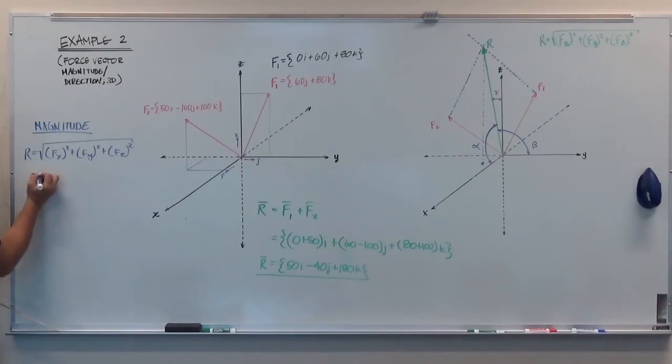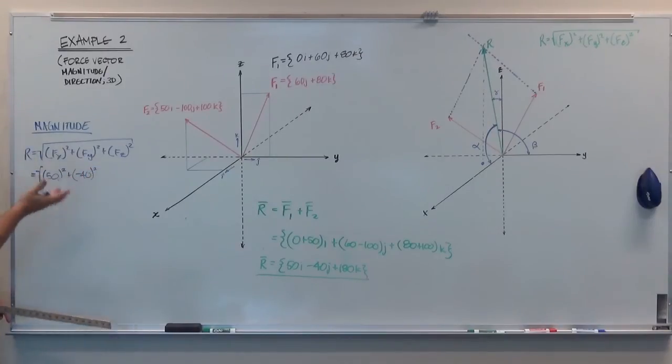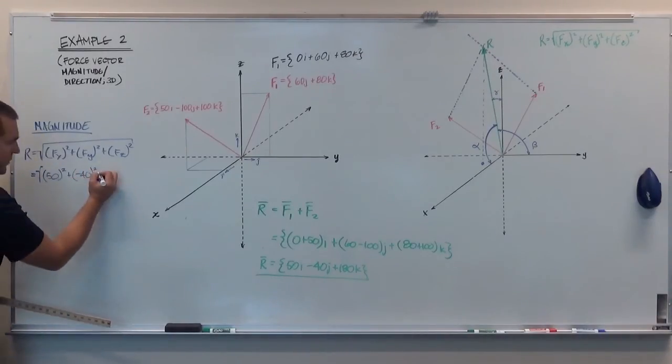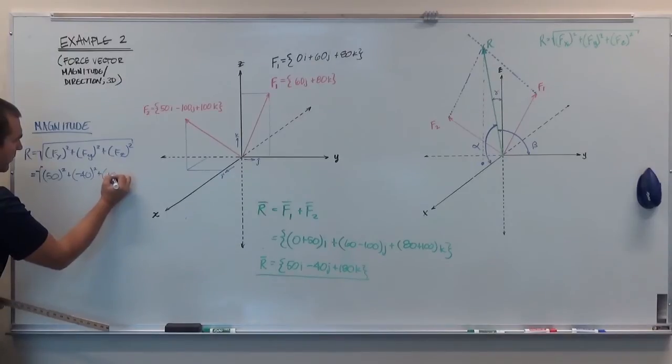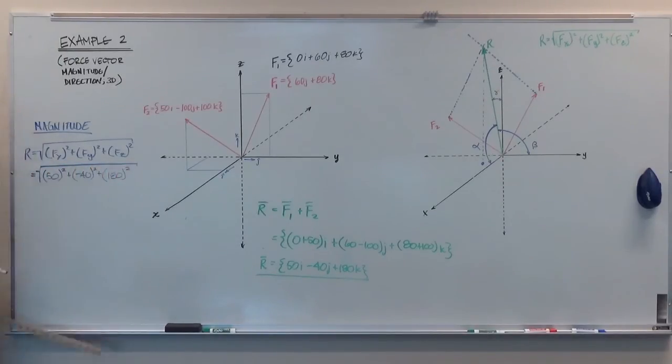So I can just plug in those values, and we have 50 squared plus negative 40 squared. And again, you'll notice that because we're putting everything squared, the signs actually don't make a difference, but I'll include it in there to be complete. And 180 squared, the radical of all of that.